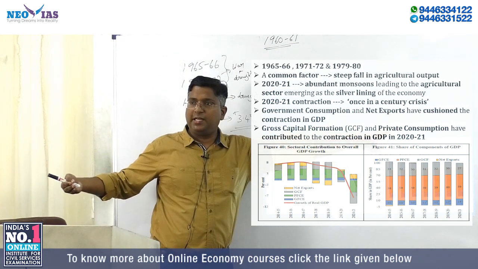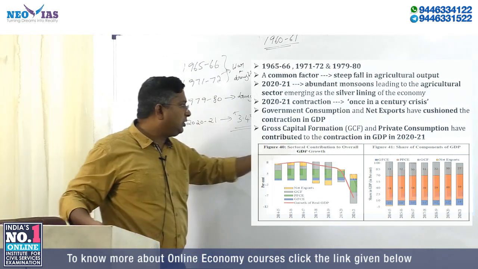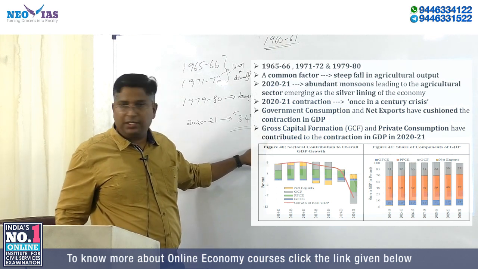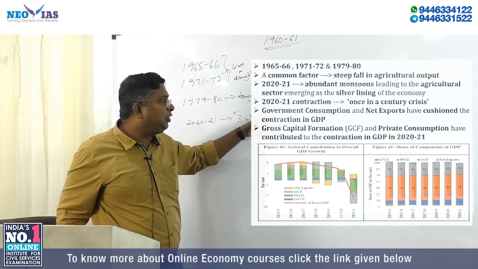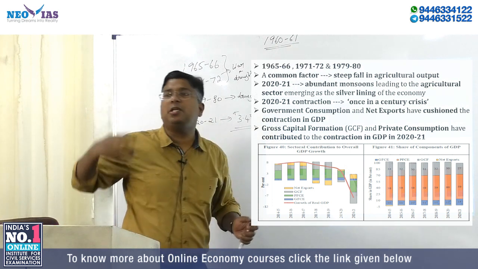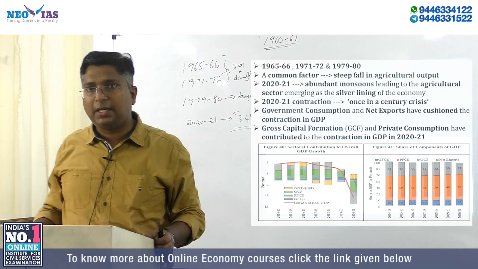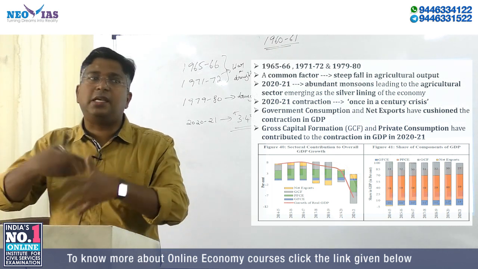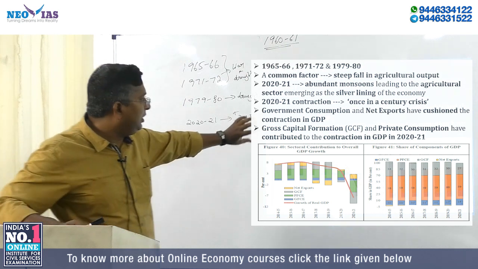Household expenditure, that is private consumption. These 2 contributed to the GDP contraction. But the other 2, government consumption and net exports, helped in reducing the contraction. So UPSC can trick you. How will they exchange it? They will change these 2.